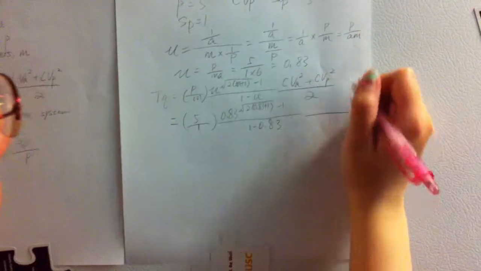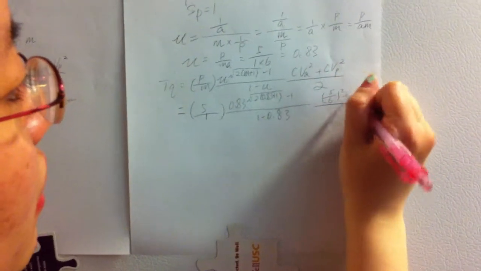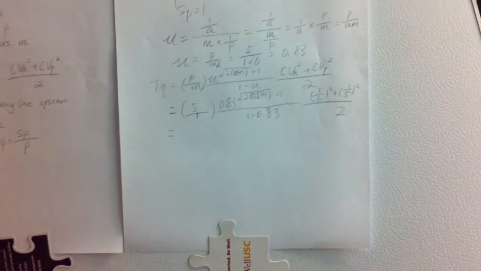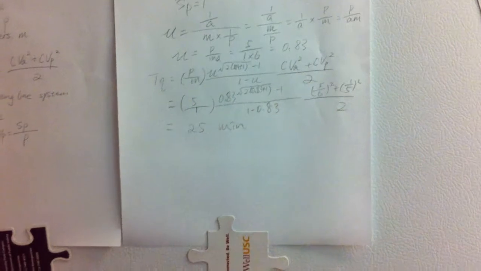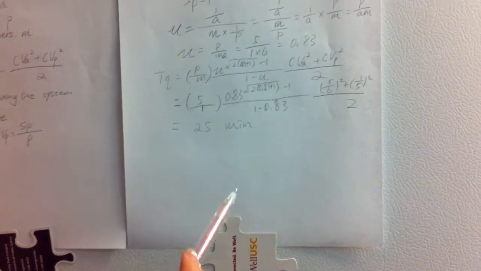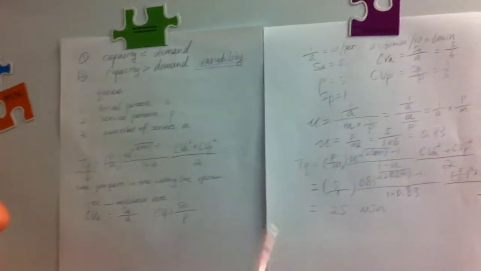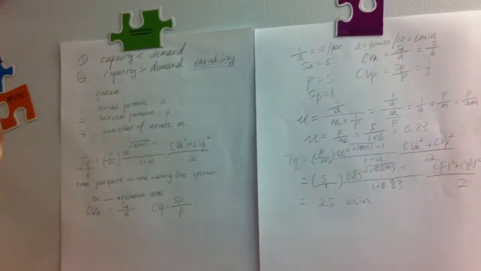And let's see, squared plus 2. Now use the calculator. It gives out 25 minutes. So what this tells you is that once a customer enters this store with all these characteristics, the average time that a customer spends waiting in line is 25 minutes.